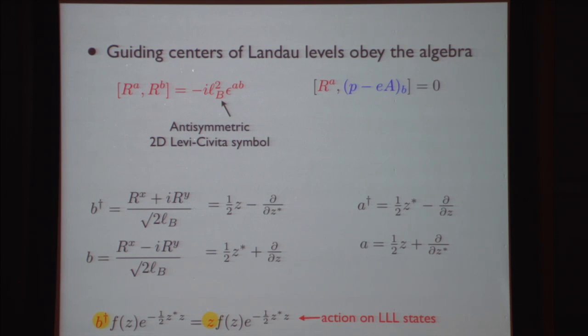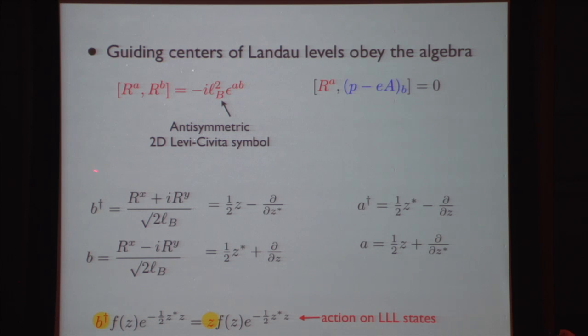Okay. So let's look at the guiding center variables. Again, these are the things that commute with the Landau raising and lowering operators. And they also have a Schrödinger representation. It's almost the same as the Landau orbit raising operators, except I just swap z for z star in each of them, right?